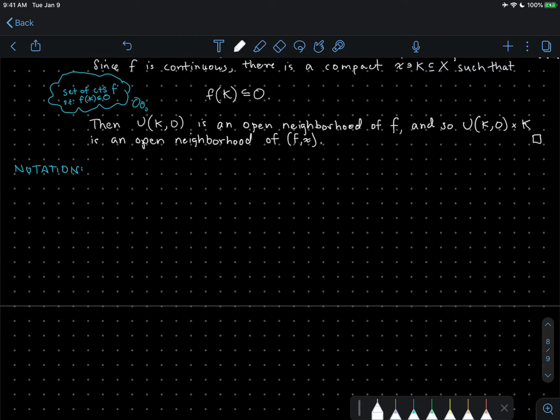For fixed x, we write ev sub x for the function that takes f to f of x.